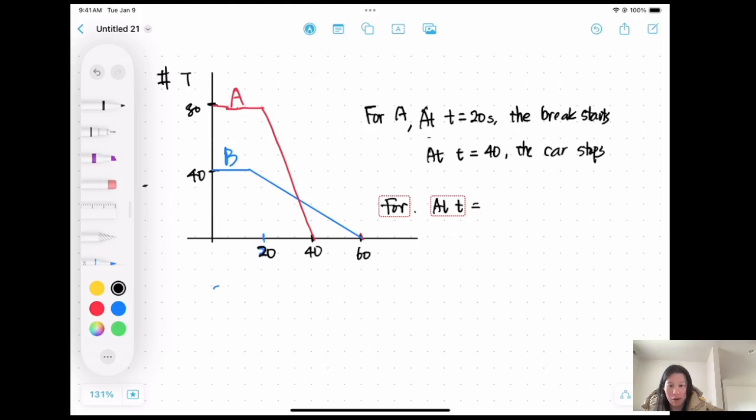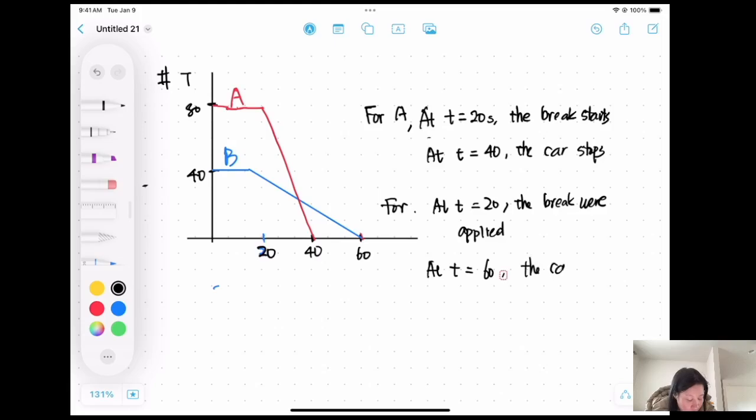Let me double check my graph very quick. Yeah. So at the time t equals 20, in the blue line, the brake is applied, because after that, the velocity is decreasing. And then at t equals 60, the car completely stops.